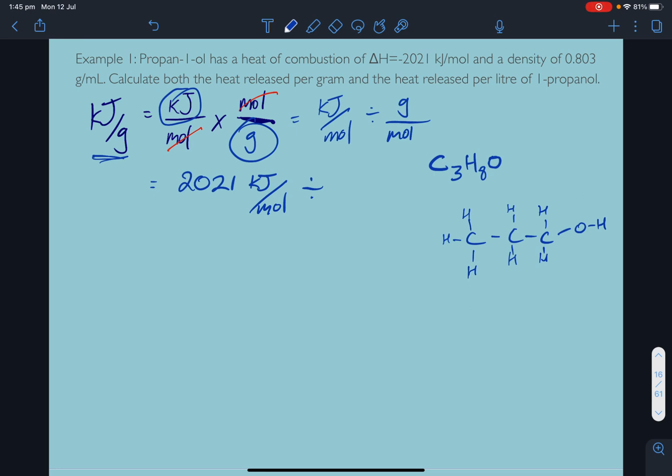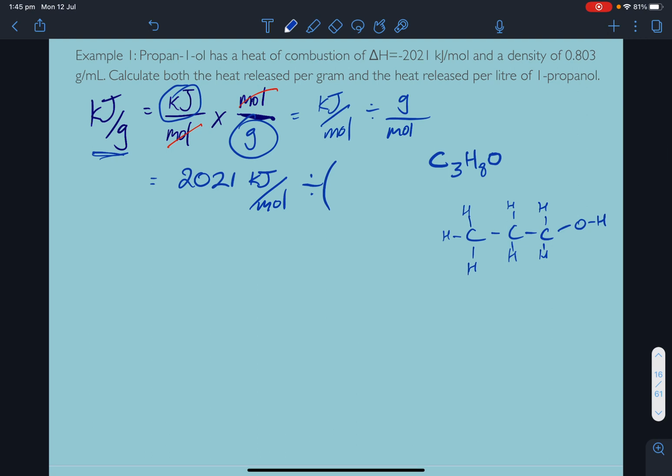So we're going to divide by the molar mass, which is 3 times 12.01 plus 8 times 1.008, plus the 16 of the oxygen, grams per mole.